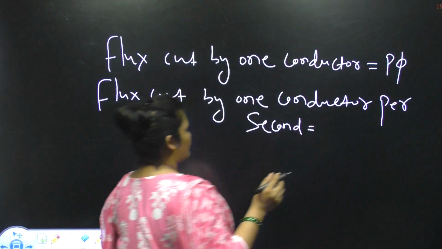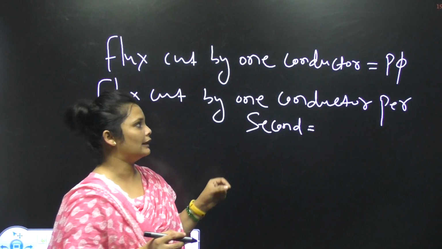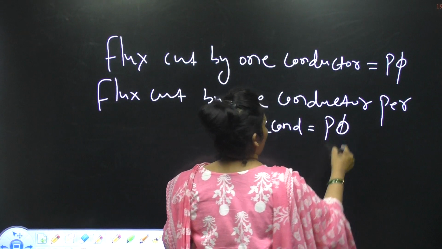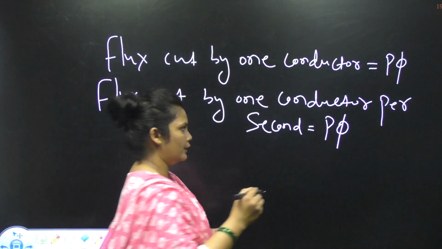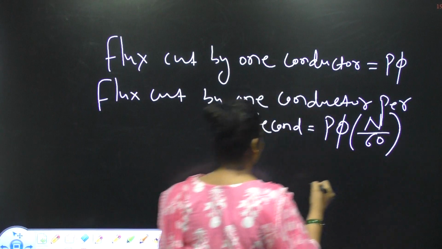We already know that flux caused by one conductor is P phi, and for per second we write N by 60.